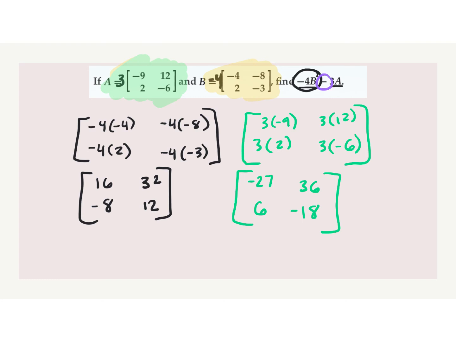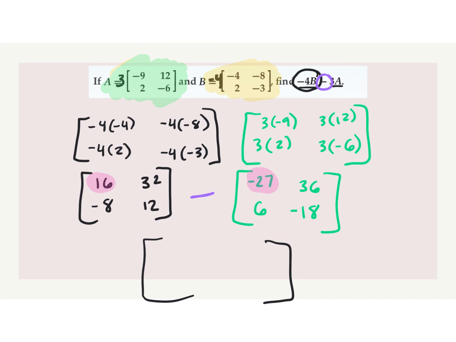Now it asks me to subtract them. So I have to subtract these two. So first you do multiplication, just like PEMDAS. You have to do multiplication before, then you can subtract. So now I'm going to subtract my two matrices. So remember, upper left-hand corner gets subtracted with upper left-hand corner.